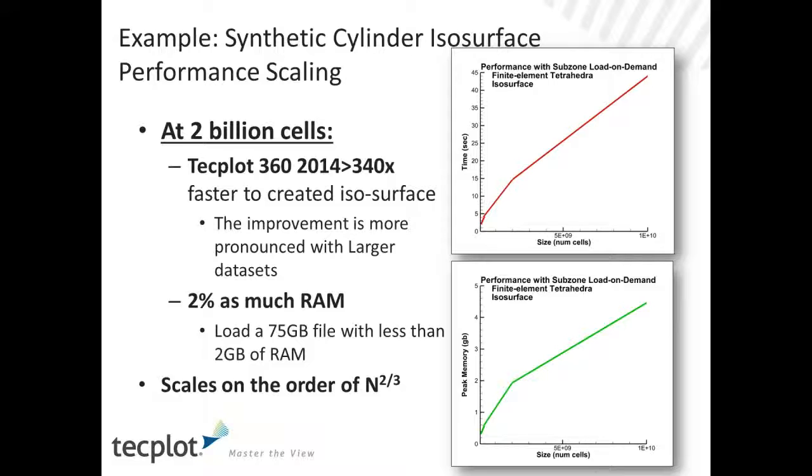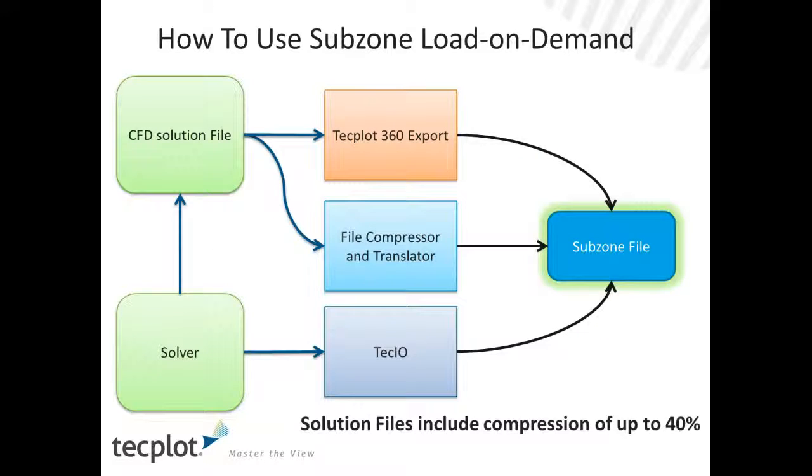On any machine we have in this office, it would take at least about 200 gigabytes of memory. We don't have that. I know some people do, but we don't. And it does indeed scale on the order of n to the 2/3. So it's sublinear. Order n would be linear, and that was our goal.